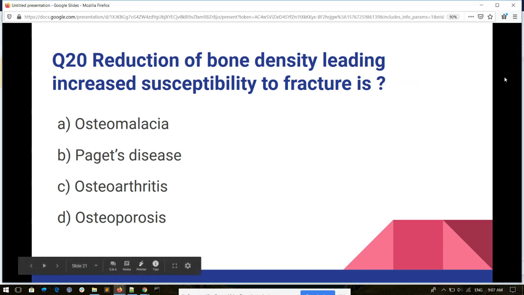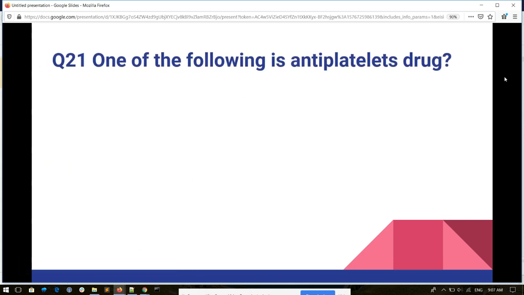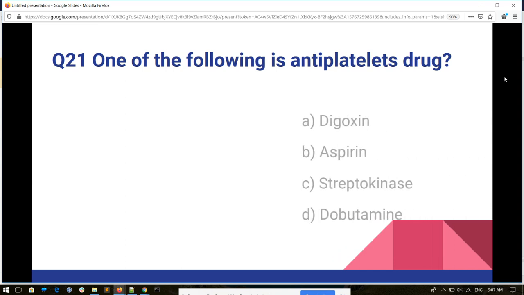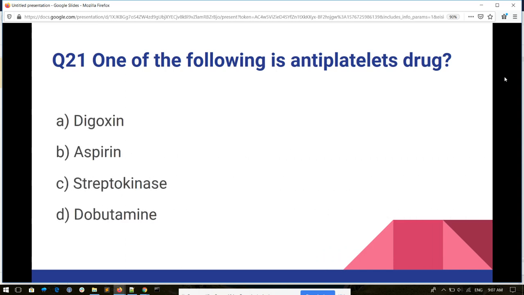And its answer is osteoporosis. Question number 21. One of the following is an antiplatelet drug, and its options are digoxin, aspirin, streptokinase, and dobutamine. And its answer is aspirin.